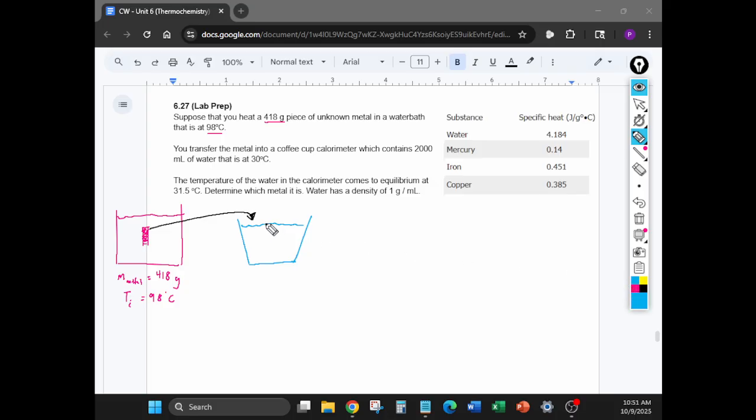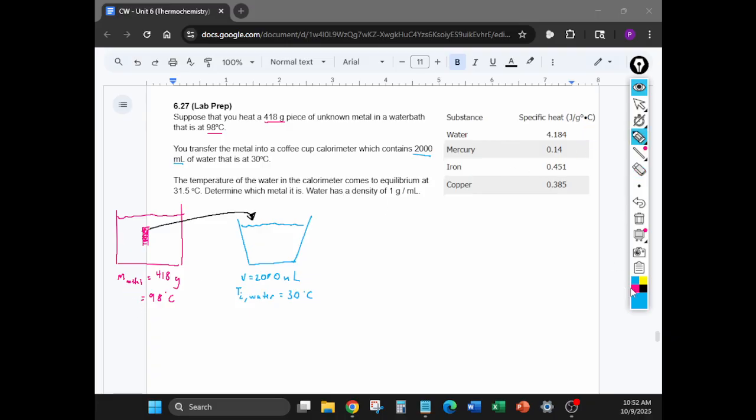It tells you that inside of the coffee cup calorimeter, it contains 2,000 milliliters of water. So this time you're given volume, 2,000 milliliters of water, and the initial temperature of the water is equal to 30 degrees Celsius.